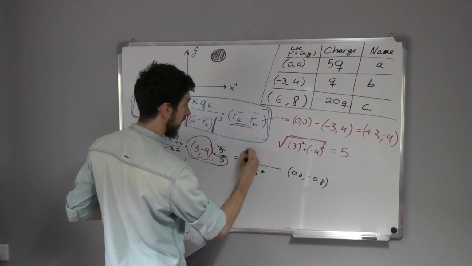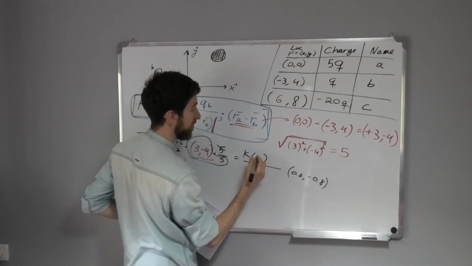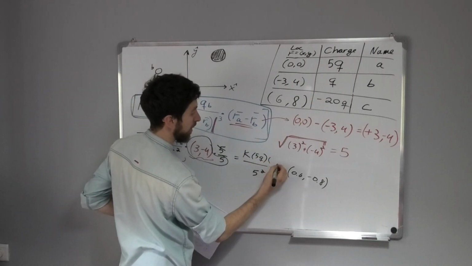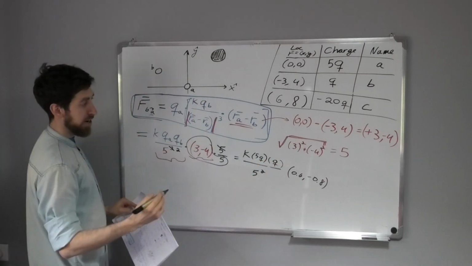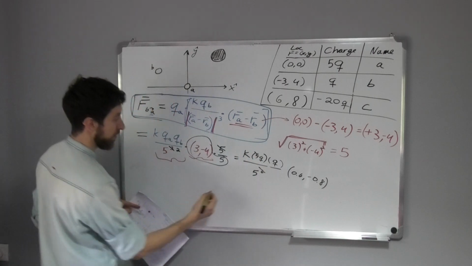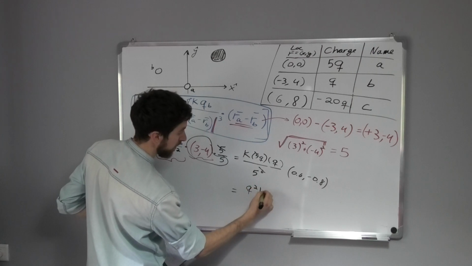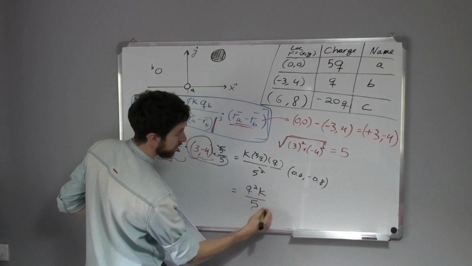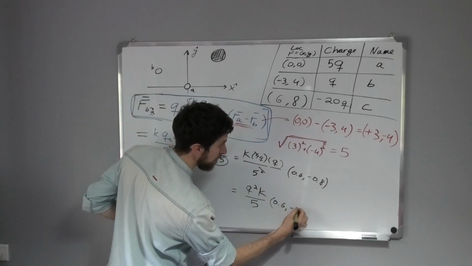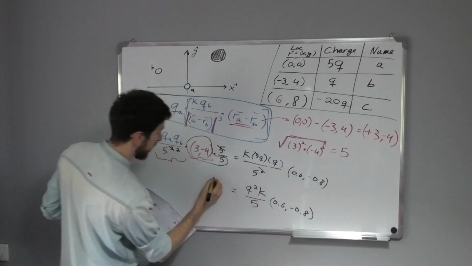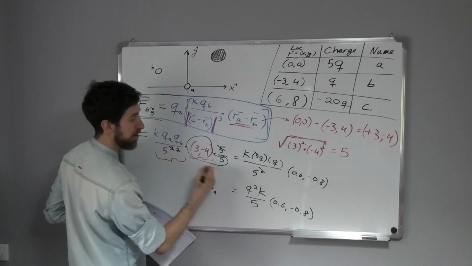And here we have this K, and we have here QA, which we know is given, it's 5Q, and we have here QB, which is also known, it's Q. I can also cancel this one out, and I'm left with Q squared, K, 5, and the direction, which is 0.6, minus 0.8. So this is the force that marble B applies on marble A.